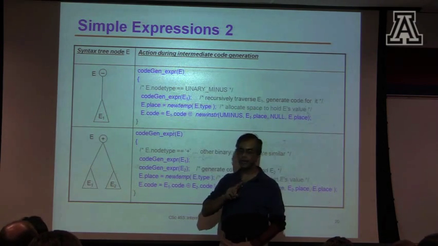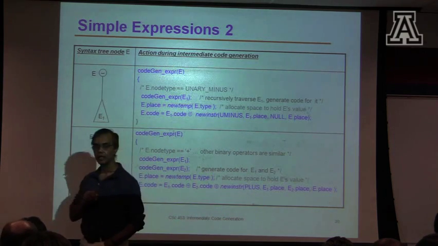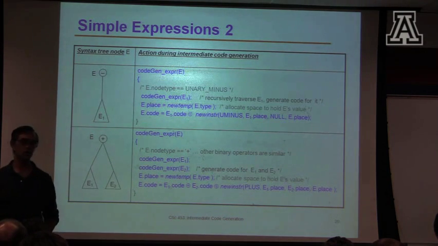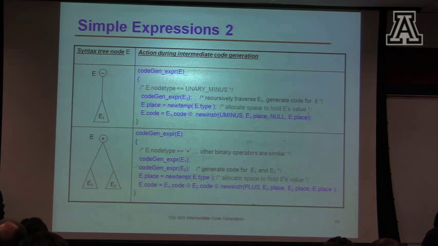So we are making this decision in 2 stages. At this point, because we are doing intermediate code generation, remember intermediate code is machine independent. Okay, it's real close to the machine, so we've come pretty low level, but it's still not machine specific. So what we're doing at this point is saying, I need to allocate some memory location for this result.